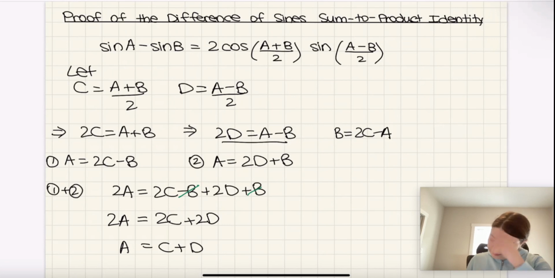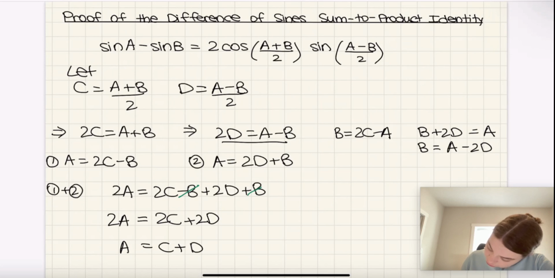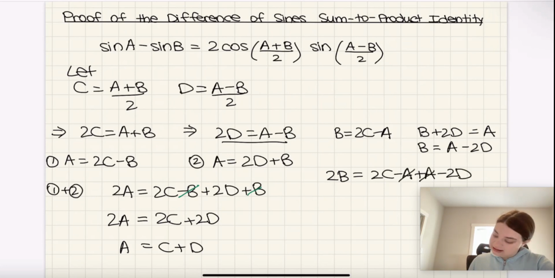We're trying to solve for B. So if we add B to both sides, we get that B plus 2D equals A, which means that B is equal to A minus 2D, like that. Then if we add these together, we end up with 2B is equal to 2C minus A plus A minus 2D. So if we cancel out those A's and divide by 2, we get that B is equal to C minus D. So there we go.